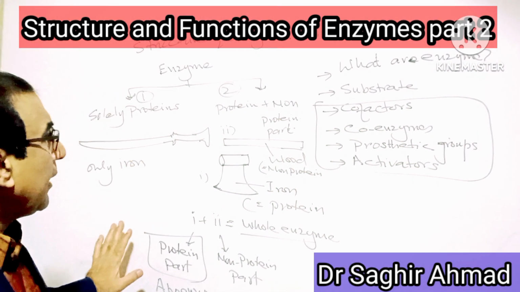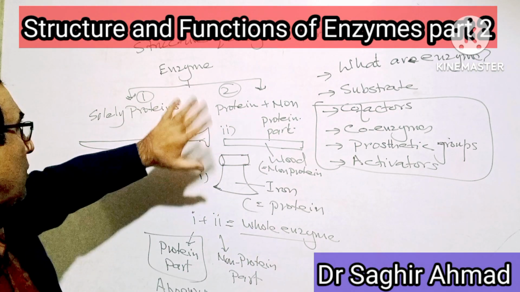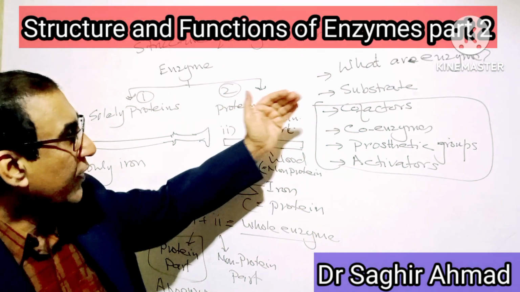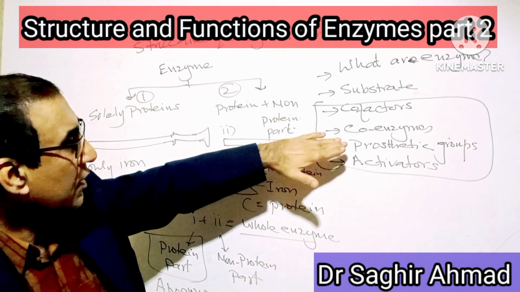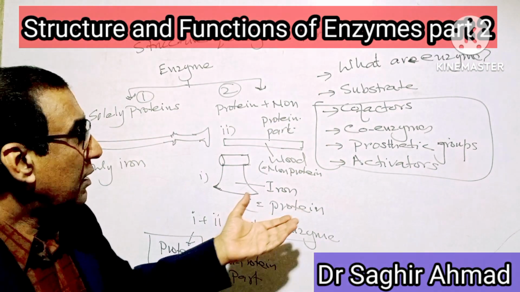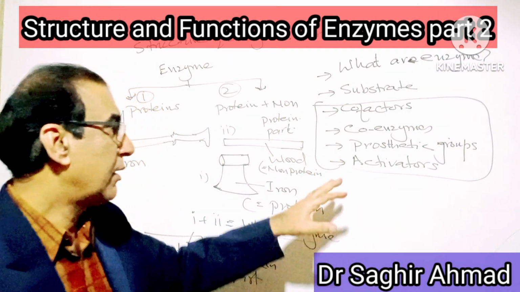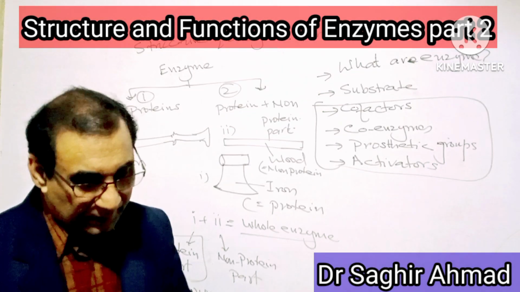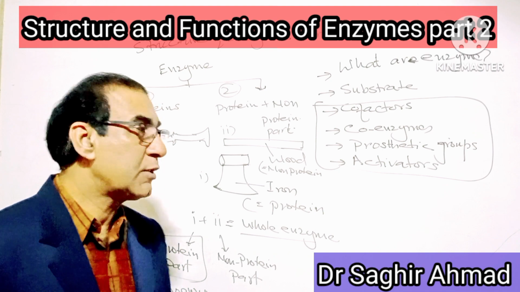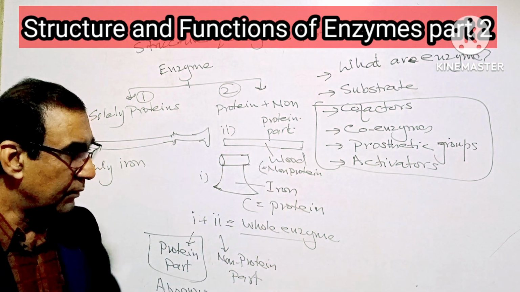In the last lecture, in part 1 of the structure and function of enzymes, I told you what a cofactor is, the relationship between a cofactor and coenzyme, what a prosthetic group is, and what an activator is. I told you all about that in the first part of this lecture. Now, I think it must be clear for you people regarding the structure of enzymes.